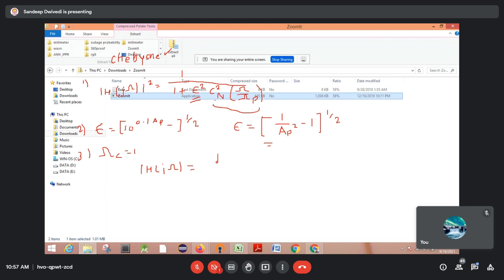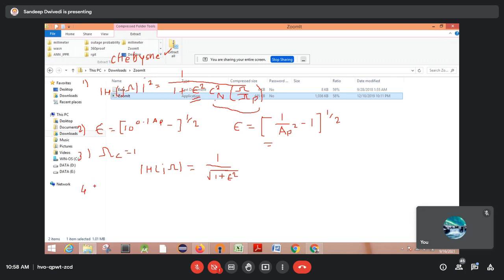That will be simply 1 upon under root of 1 plus epsilon square. If it is not 1, here you can write omega c, but in almost every question it will be 1. So 1 plus epsilon square, this will give you the frequency response.